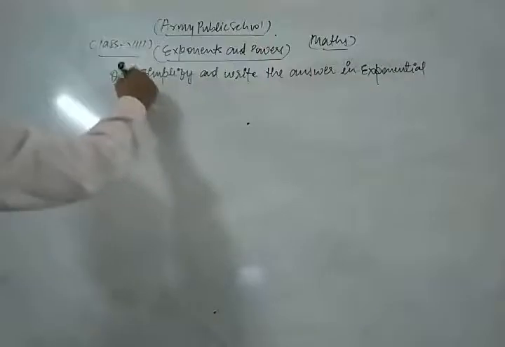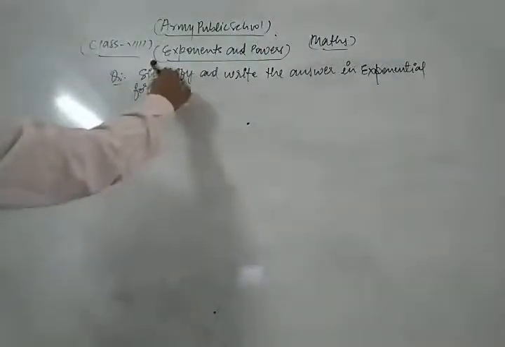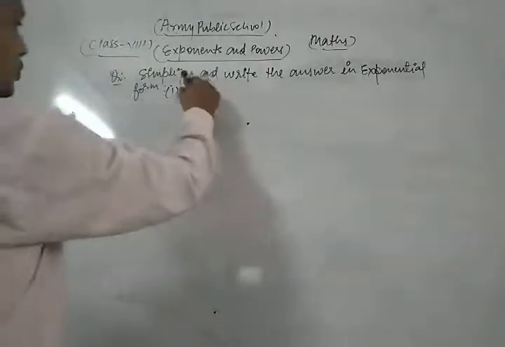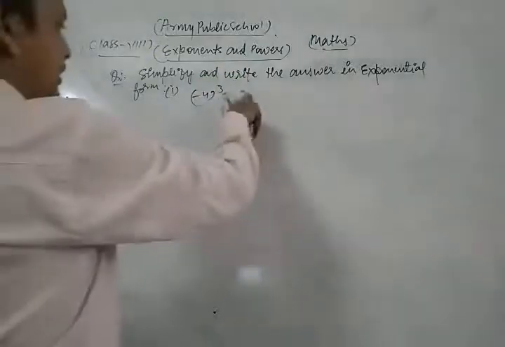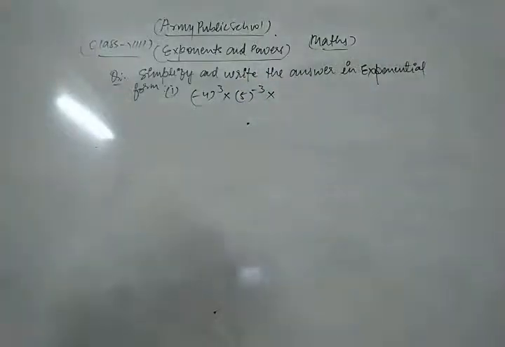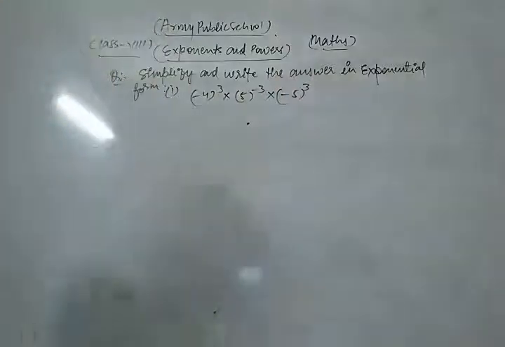The first part of this question is minus 4 to the power 3 into 5 to the power minus 3 into minus 5 to the power 3.